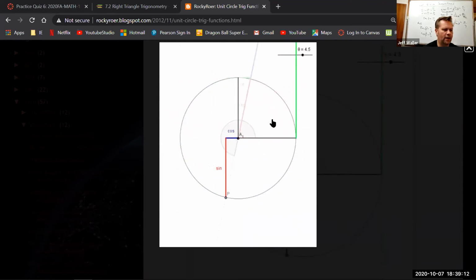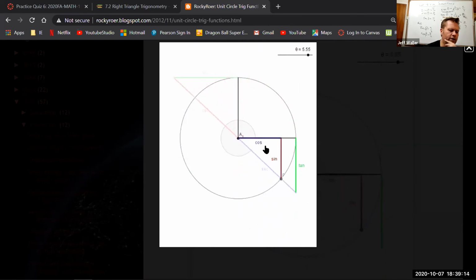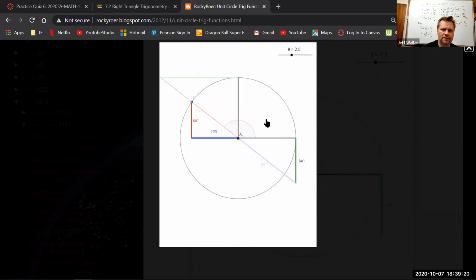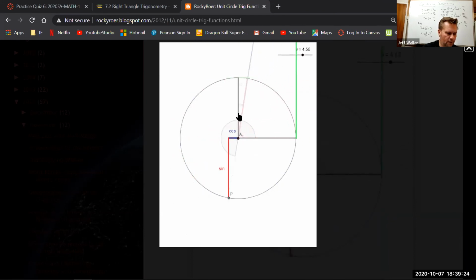I'm going to find a better animation. I used to have one, and that website's gone. You can see cosecant inside. You can see cotangent actually over there. It's really faint, unfortunately.